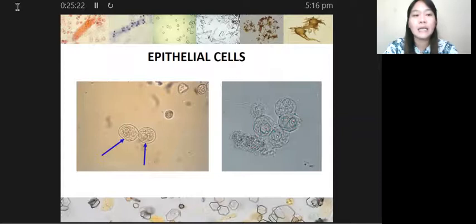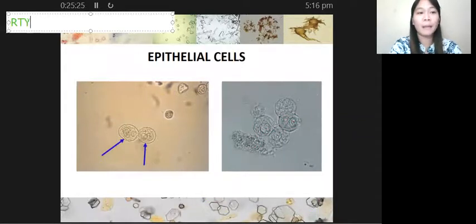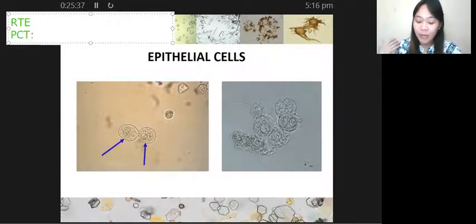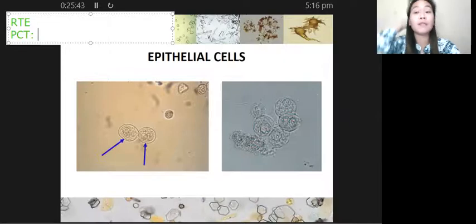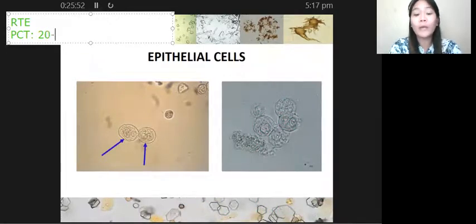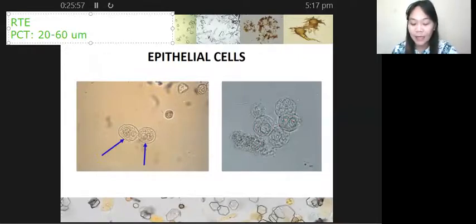When we talk about RTE cells, those that come from your proximal convoluted tubule are considered to be the largest. I repeat, as to the specific origin, the largest come from the proximal convoluted tubule, which are 20 to 60 micrometers in diameter.